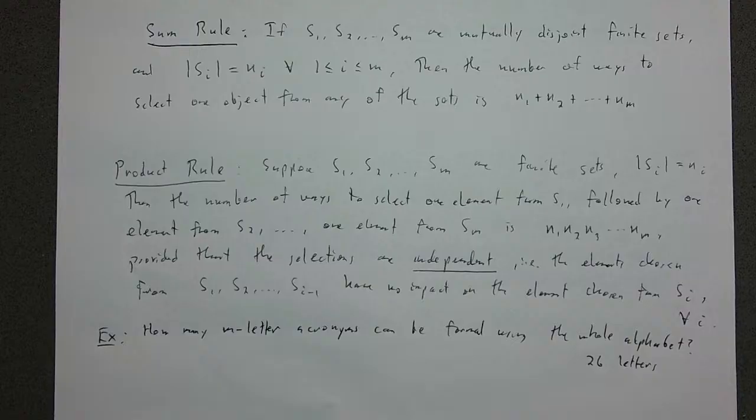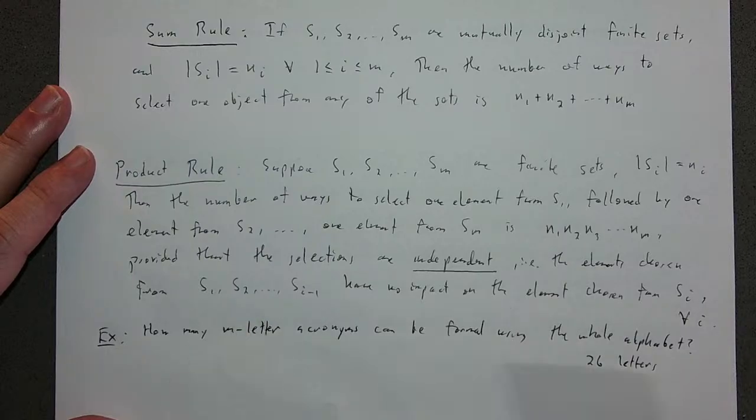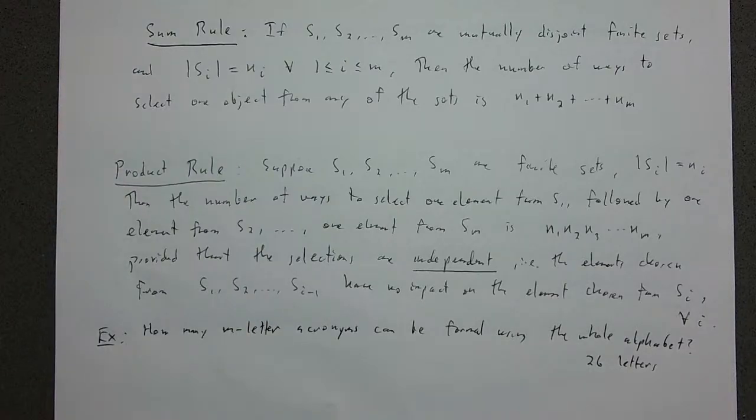If I were saying M letter acronyms using no more than 5 copies of the letter B, then my 10th choice, for instance, would depend on whether or not I had already chosen B 5 times. But here, in a simpler situation where all these are completely independent, my 11th choice does not depend in any way on what I chose for the first 10 slots of this acronym.